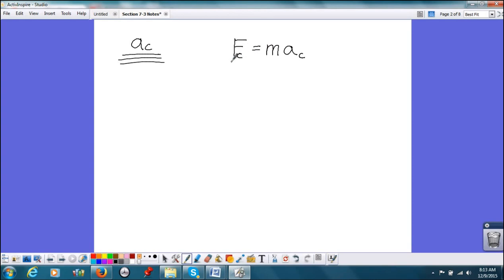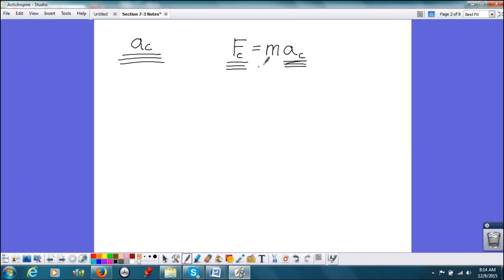Okay? Now, another thing that we know is that the direction of the centripetal acceleration is going to be the same as the direction of the centripetal force, because the acceleration and the force always point in the same direction. So, the centripetal acceleration points towards the center of a circle. So therefore, the centripetal force is also going to be directed towards the center of the circle.